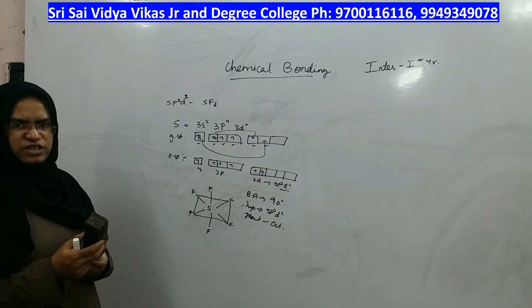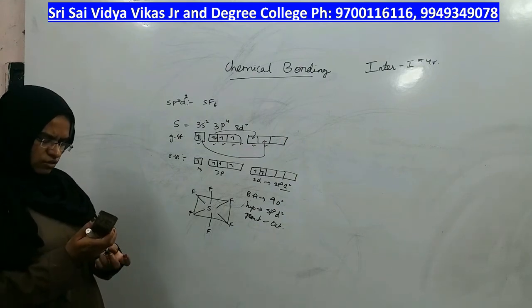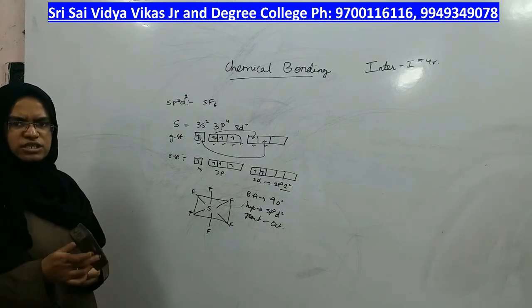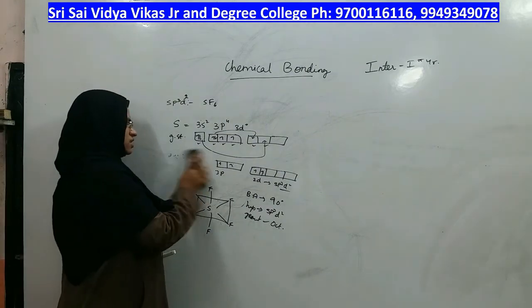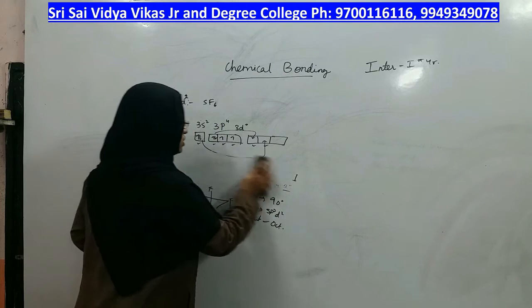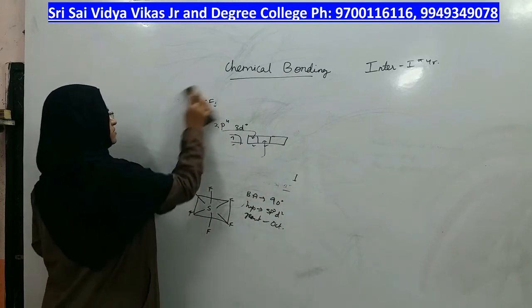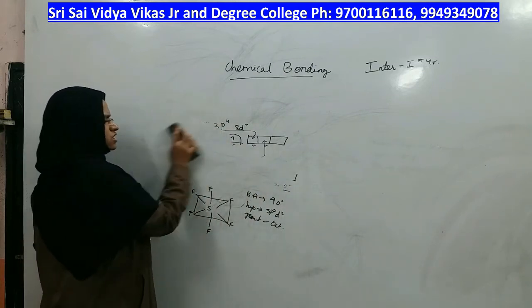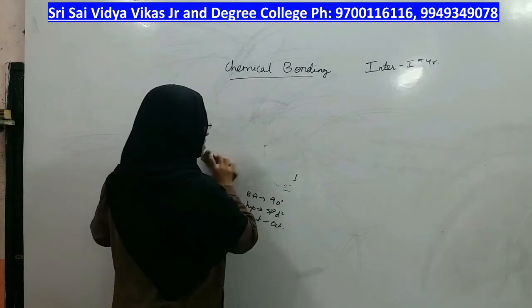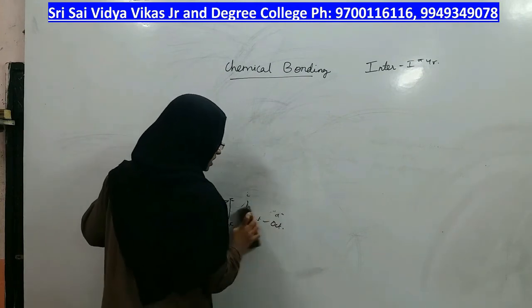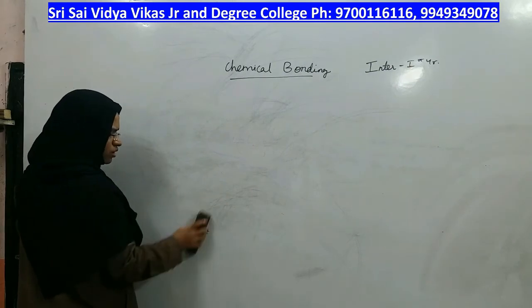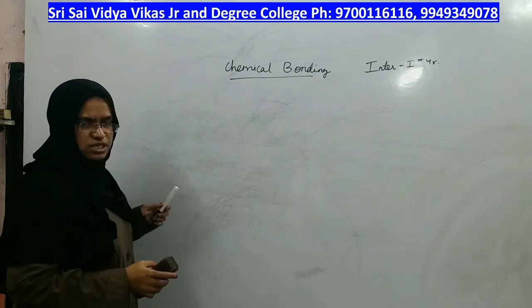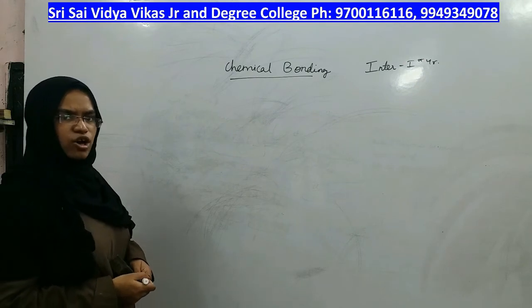By this we have finished hybridizations now, and these hybridizations were part of valence bond theory, right? And after this we have one more theory called molecular orbital theory. And what we have to differentiate between these two theories is, in valence bond theory they were talking about atomic orbitals present in the central atom of a molecule.